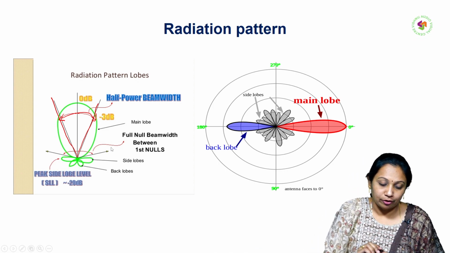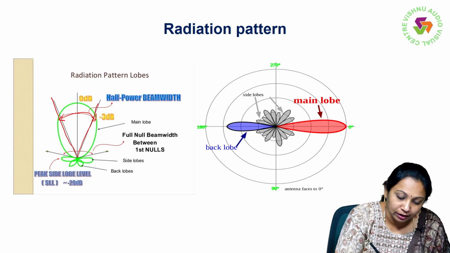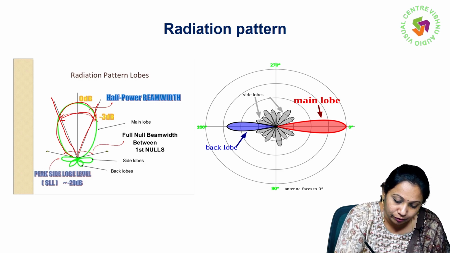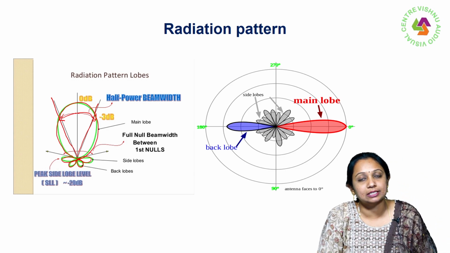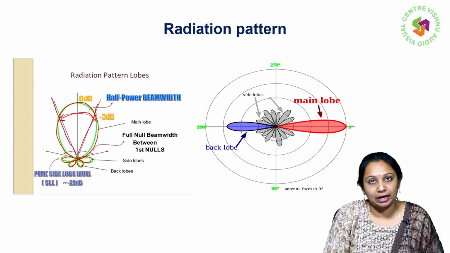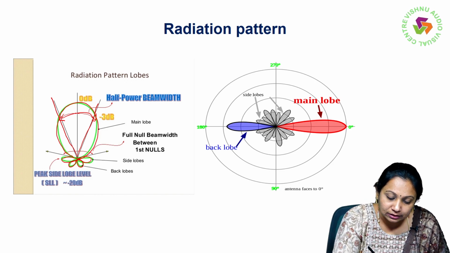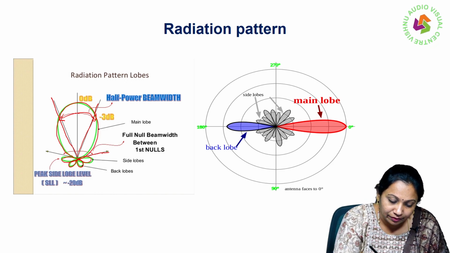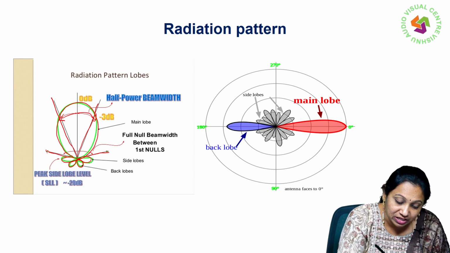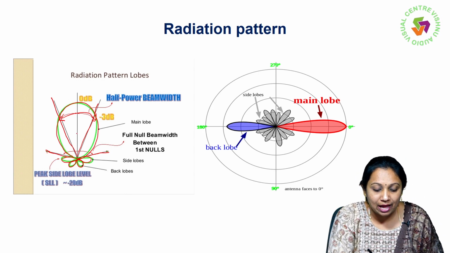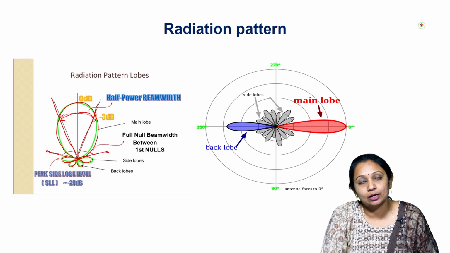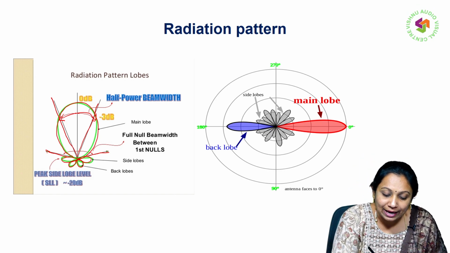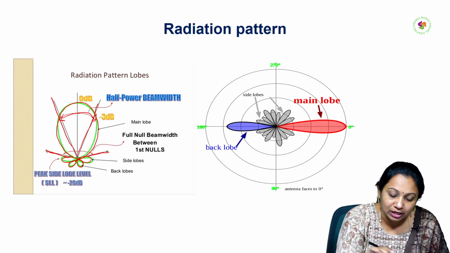Now the next definition from this lobe structure is first null beam width. If we observe this radiation pattern, except for this major lobe, other parts have radiation. We represent these as side lobes or minor lobes. Exactly beside the major lobe, we have a part where there is no radiation, so it is not covered by any lobe.